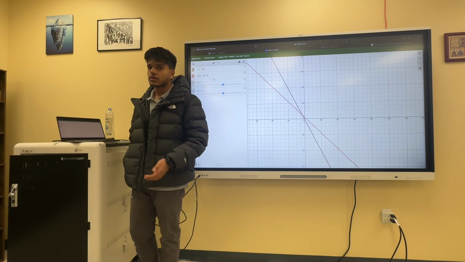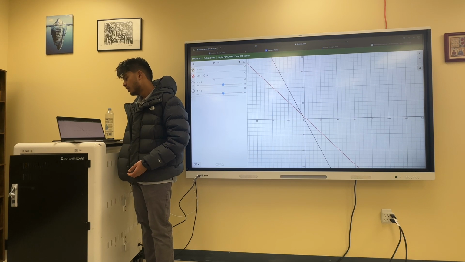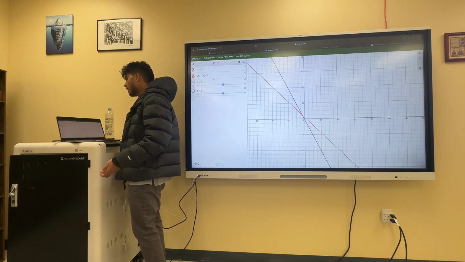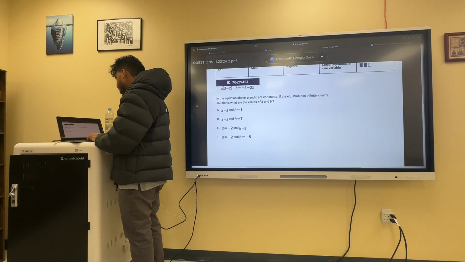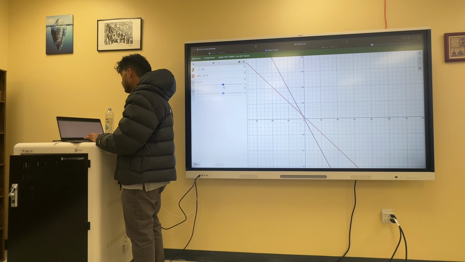So I have to declare those variables if I want these to exist. Otherwise it doesn't know what a and b equal. Okay? So let's try answer choice A. a equals 2 and b equals 1.